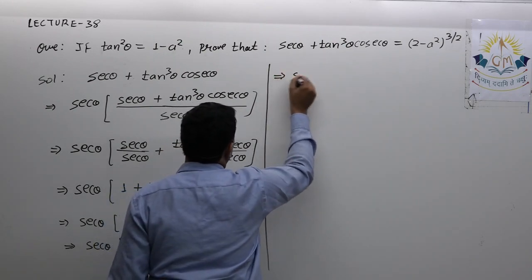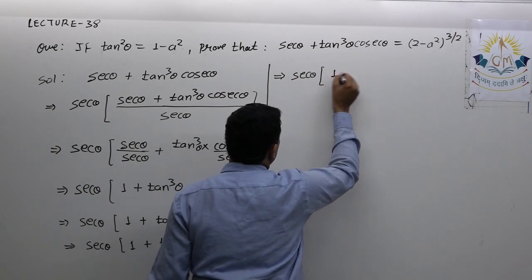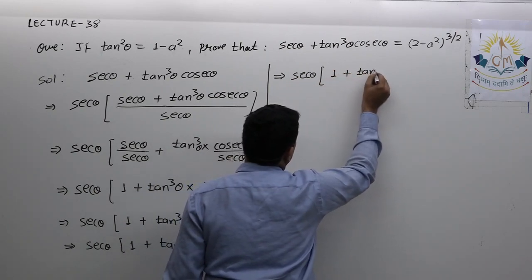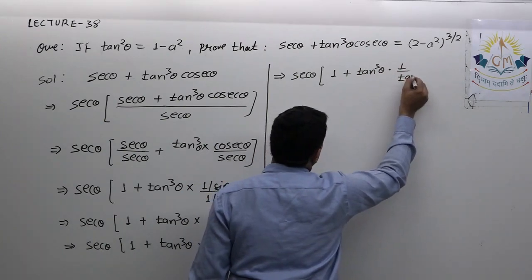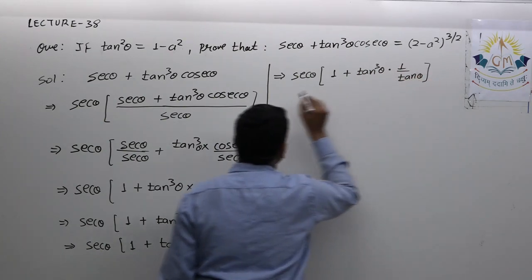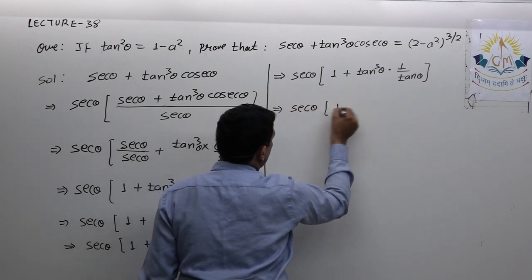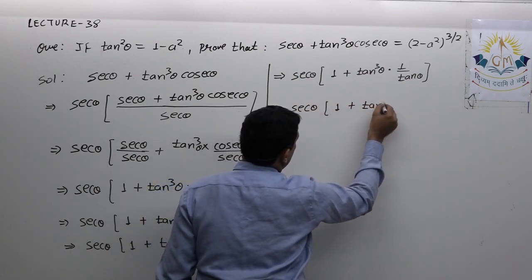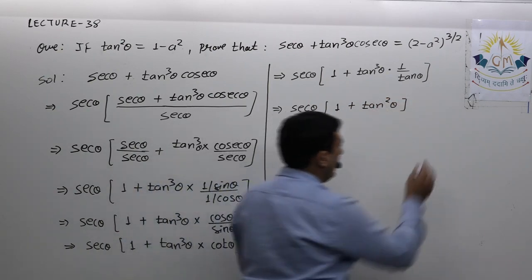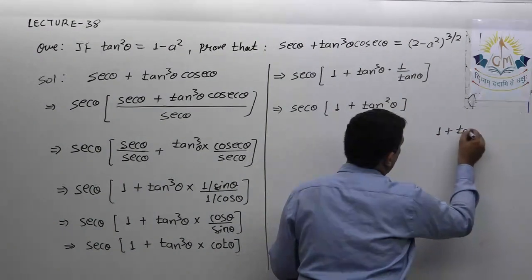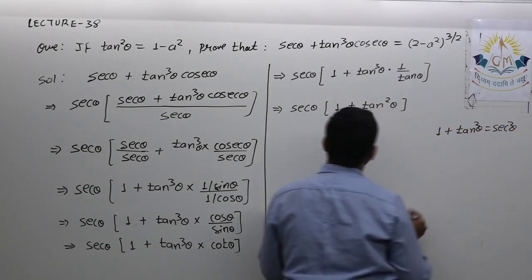So here I have sec theta multiplied by 1 plus tan cube theta into 1 upon tan theta. Okay, so here I have sec theta times 1 plus tan square theta. Now, 1 plus tan square theta is equal to sec square theta, isn't it?